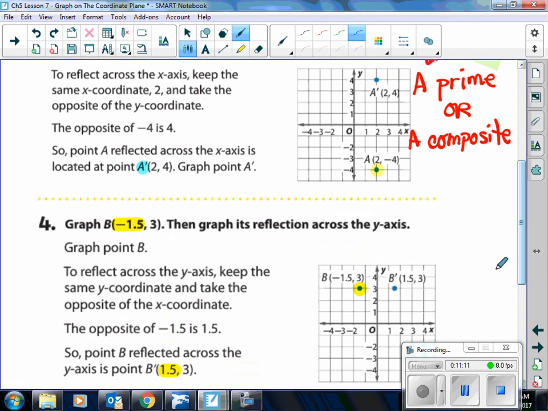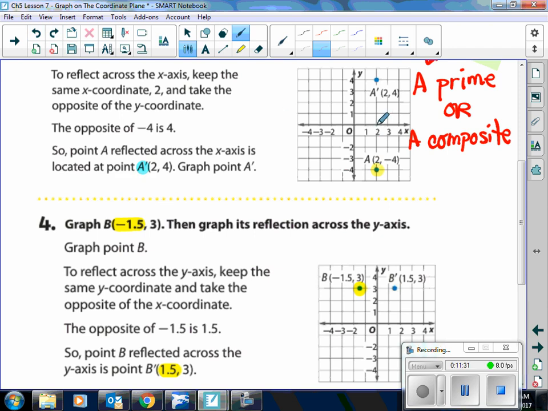I also want you to notice here how many units away the reflected points are from the given axis. So here we're reflecting over the x-axis, and A is 1, 2, 3, 4 units away from the x-axis.